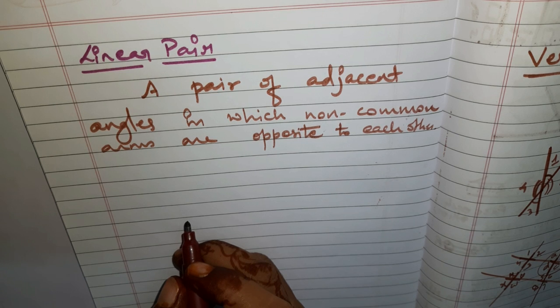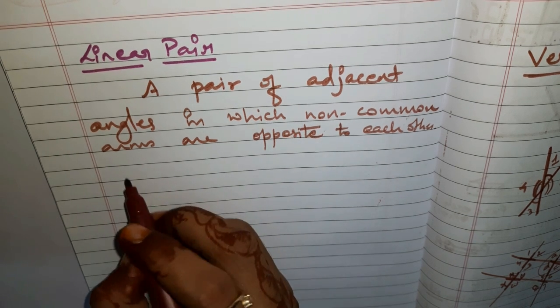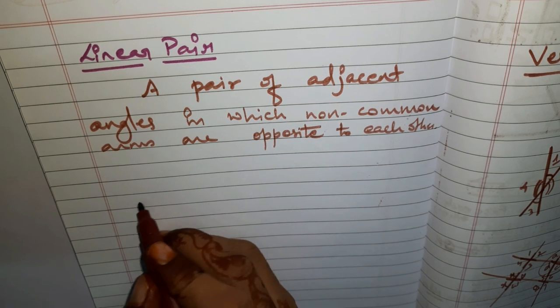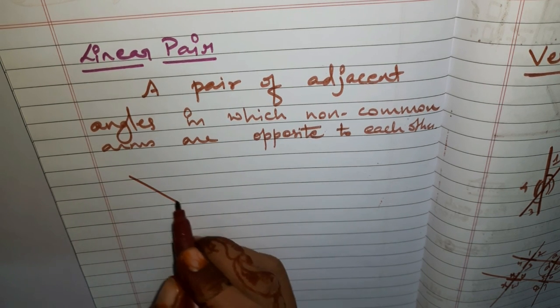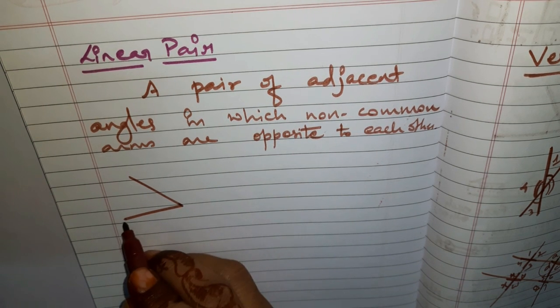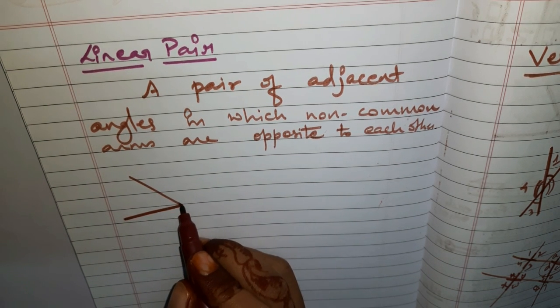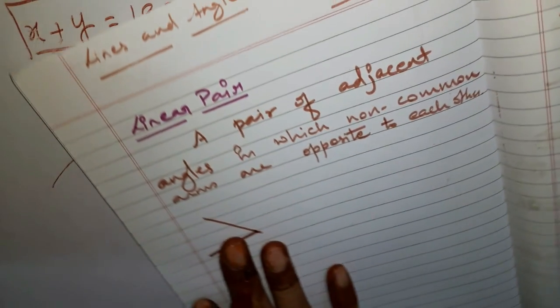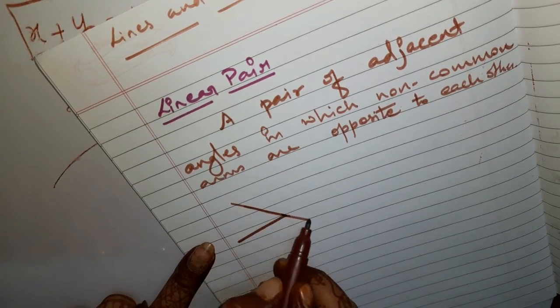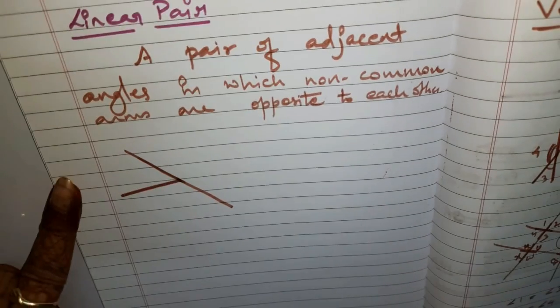So if I'm saying that you are having some angles like this, say like this is one angle, and say one angle is like this.